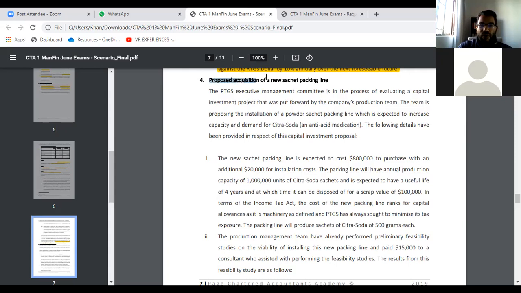What's important to take note of are these notes over here. They will guide you to answer a particular part of the question. Like I said, when I read, I saw part D and immediately knew we must come to point number 4. But take note, the majority of the information will be over here.